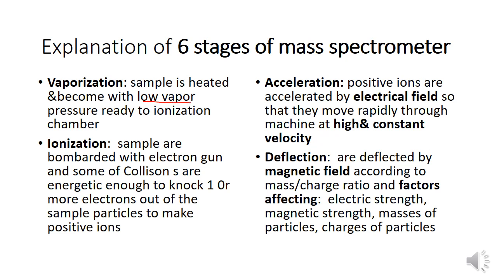This is the first stage. This is the second stage, called the ionization chamber. What will happen in the ionization chamber? In the ionization chamber, the sample is bombarded with an electron gun, and some collisions are energetic enough to knock one or more electrons out of the sample, to make positive ions.